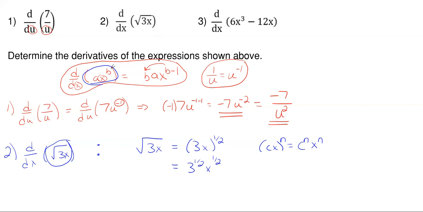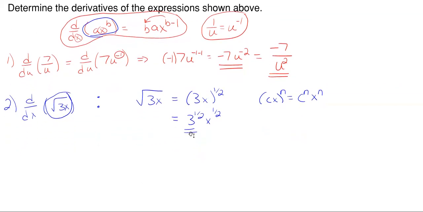Now we are in terms of this ax to the b. The only thing here is that the 3 to the 1/2 power is just the square root of 3, and that'll be my constant a. Because the square root of 3 is not a very nice number, meaning it's not an easy number due to the decimal points here, we're just going to leave it as 3 to the half power. So of this equation up here, ax to the b, a is going to be 3 to the 1/2. Let me write that a little bit better there. It's a little bit ugly.